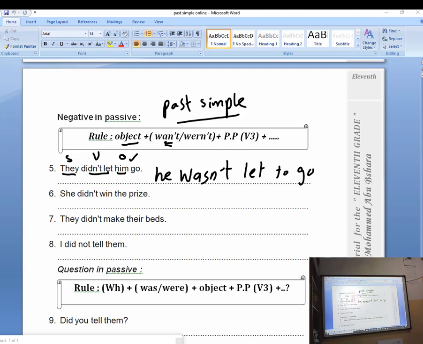The next one: she didn't win the prize. Here, she is the subject. Didn't win, the verb, the prize, the object. We start with the object, the prize.